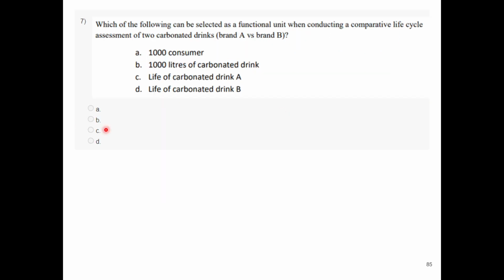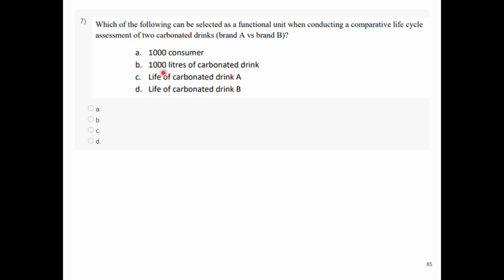Seventh question, which of the following can be selected as a functional unit when conducting a comparative life cycle assessment of two carbonated drinks, brand A versus brand B? A, 1000 consumers, B, 1000 liters of carbonated drink, C, life of carbonated drink A, or D, life of carbonated drink B. Out of A, B, C and D, which is the correct option?